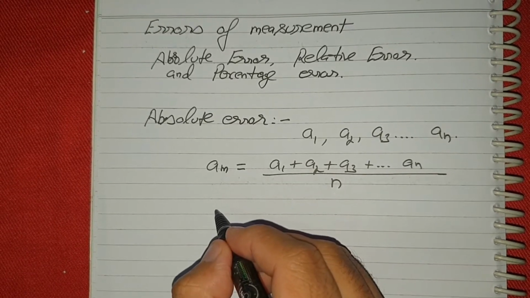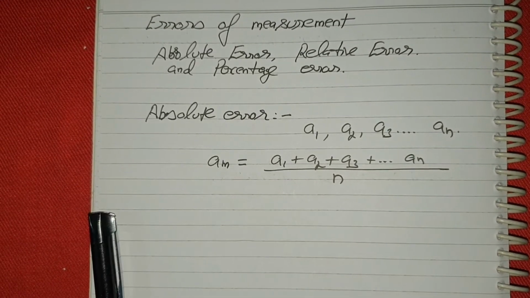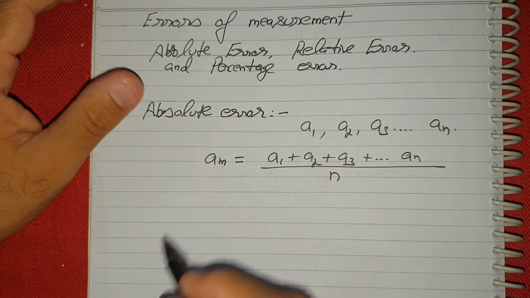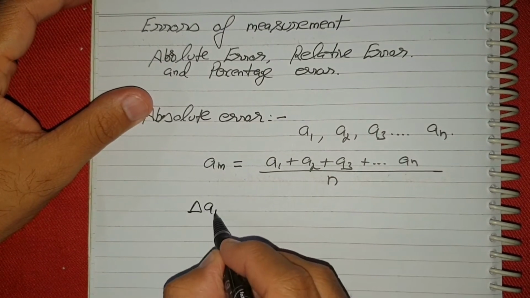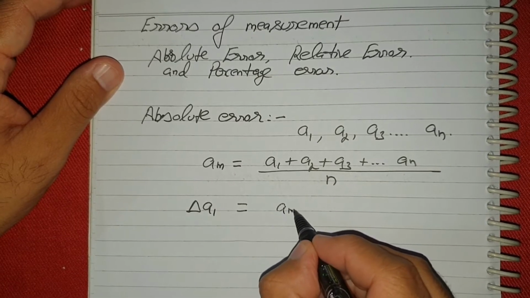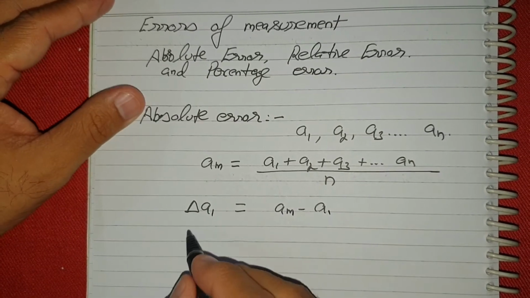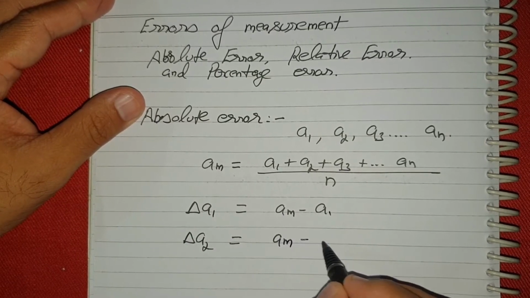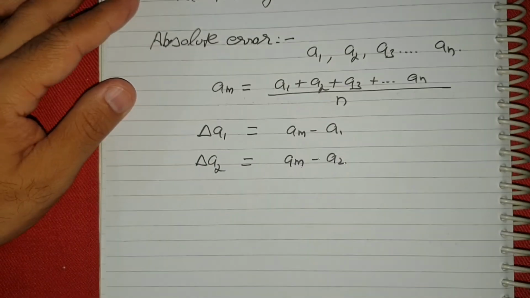Now, by the definition of absolute error, in the measured values of the quantity, delta A1 is the absolute error, which we find by AM minus A1. Delta A2 will be AM minus A2.